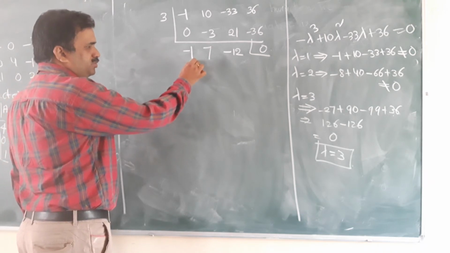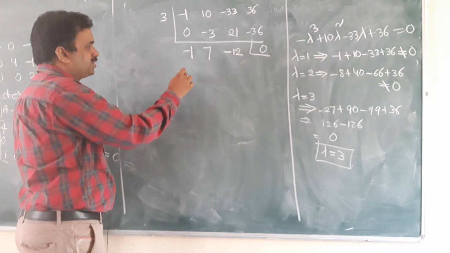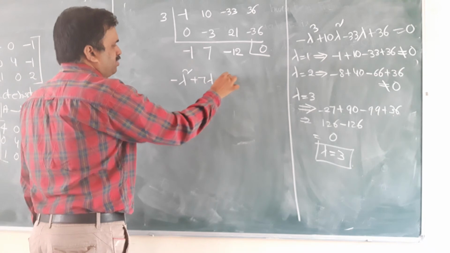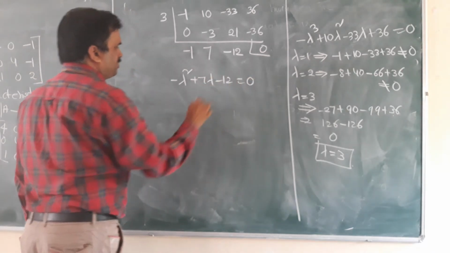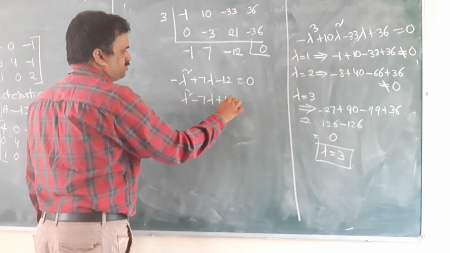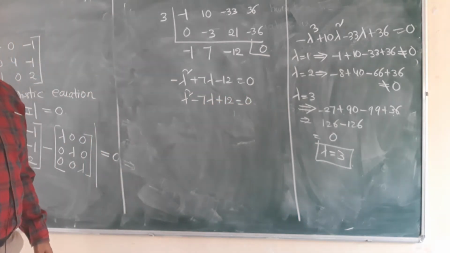Now we can write the equation of degree 2, because from degree 3 one root is over. Minus lambda square plus 7 lambda minus 12 equal to 0, or I can write lambda square minus 7 lambda plus 12 equal to 0. 3 times 4 is 12, minus 3 minus 4 is minus 7.